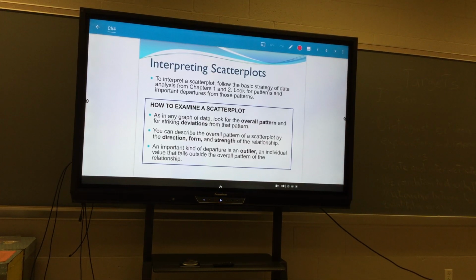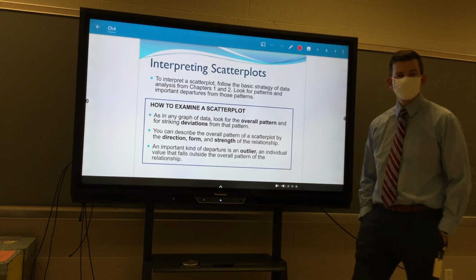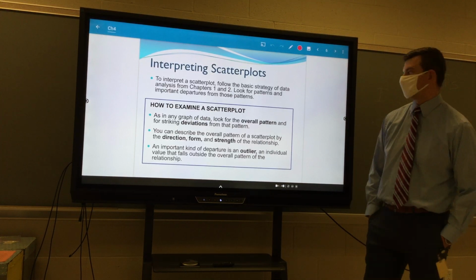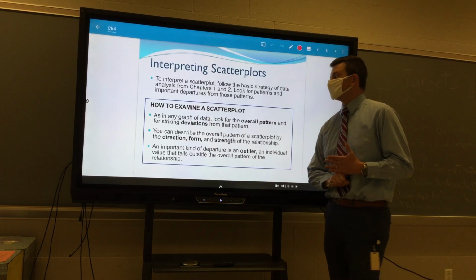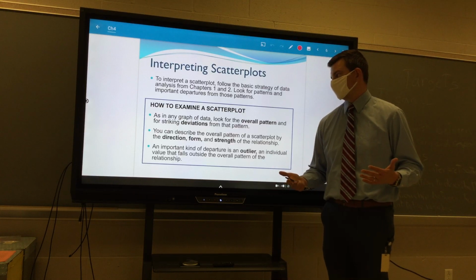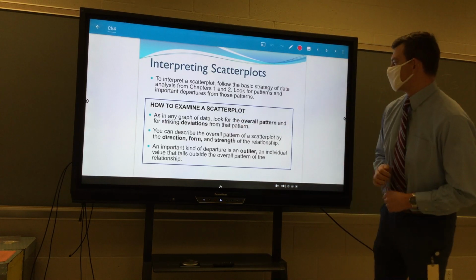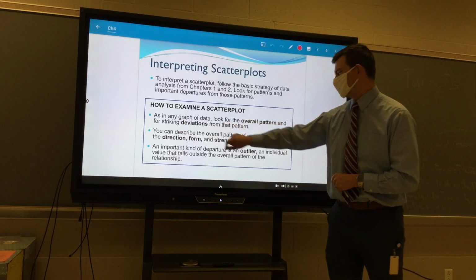Now, to interpret a scatter plot, you're following the basic strategy of data analysis that we've already talked about in our first couple of sections. You're looking for patterns and important departures from those patterns, possible outliers. So examining a scatter plot, you're looking for that pattern and striking deviations.